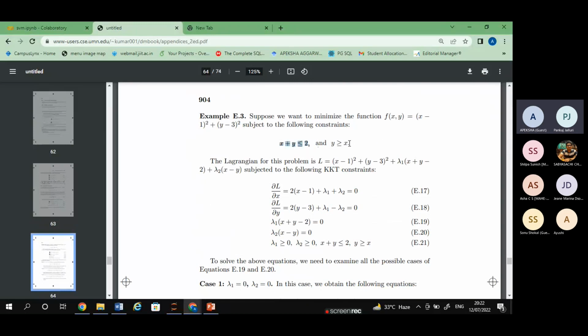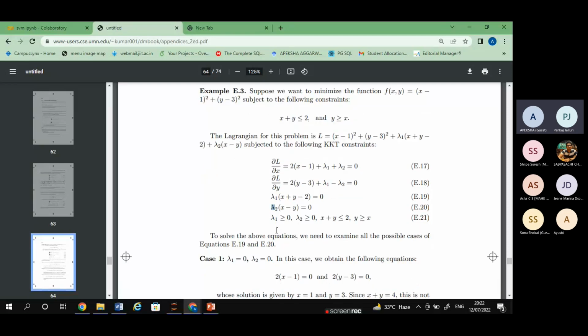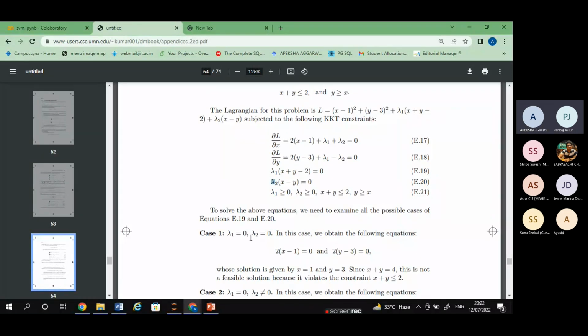So these two are inequality constraints, and this is the function f, and these are the equations. And now you will solve these equations. How will you solve them? You start solving from the lambdas, lambda 1, lambda 2. You put lambda 1, lambda 2 equal to 0. If you put these two equal to 0, then what would be the case?